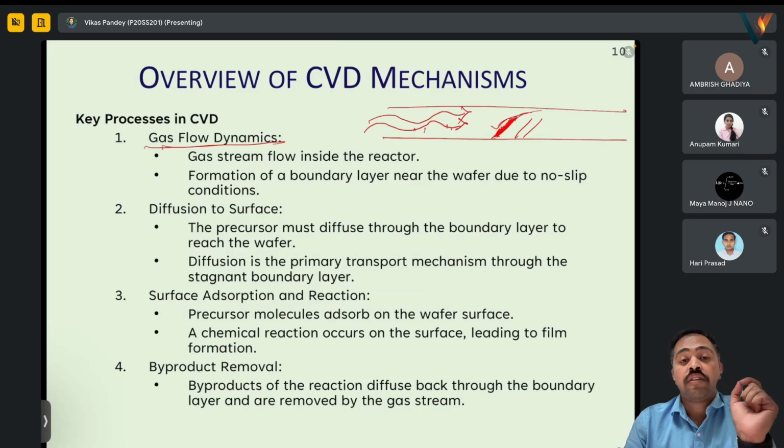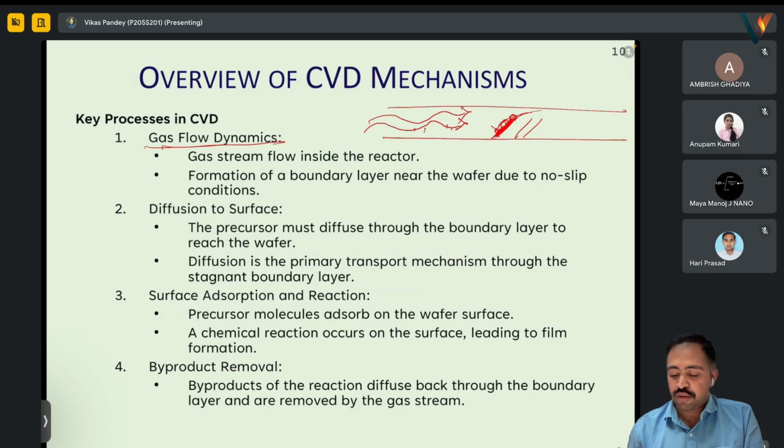Third is surface adsorption and reaction. The precursor molecules, whatever we want, should actually go and adhere to the surface for the reaction to take place. They should sit on the surface for this reaction to take place. It should not be that they are not actually adsorbing on the surface.